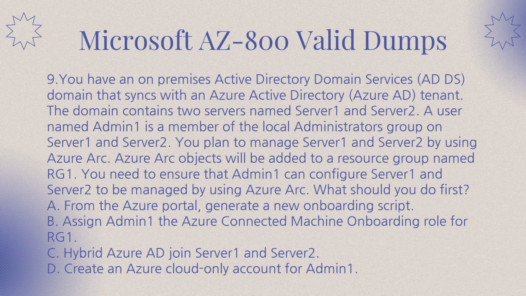You need to ensure that Admin1 can configure Server1 and Server2 to be managed by using Azure Arc. What should you do first? A. From the Azure portal, generate a new onboarding script. B. Assign Admin1 the Azure Connected Machine Onboarding role for RG1. C. Hybrid Azure AD join Server1 and Server2. D. Create an Azure cloud-only account for Admin1.